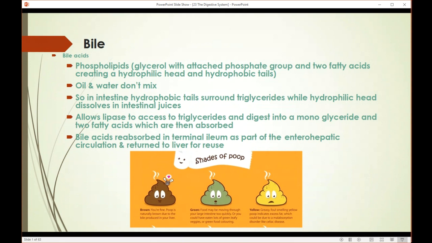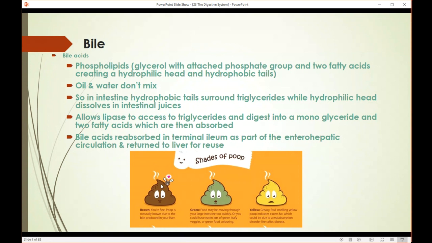So they help to sort of break apart fat globules. We call it bile acids or bile salts sometimes. And so if you just imagine this really large piece of fat, it can sort of start to break it and split it apart. And when we can split it apart, it just makes it easier to digest.